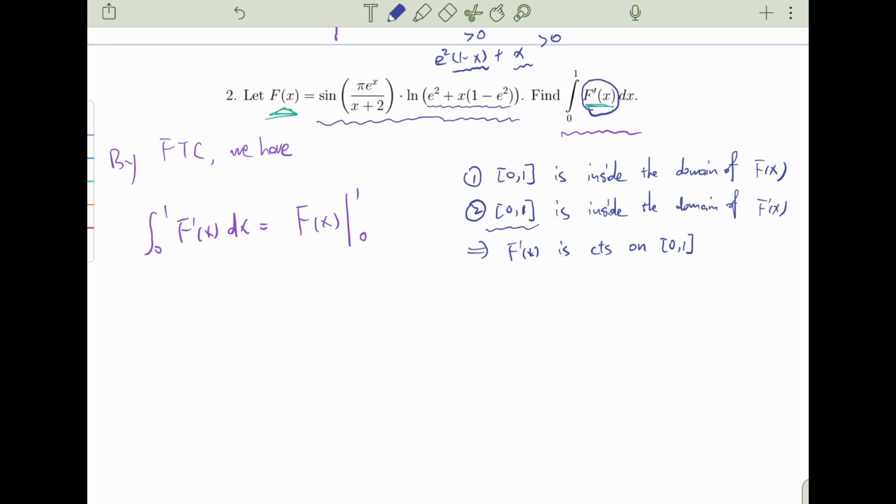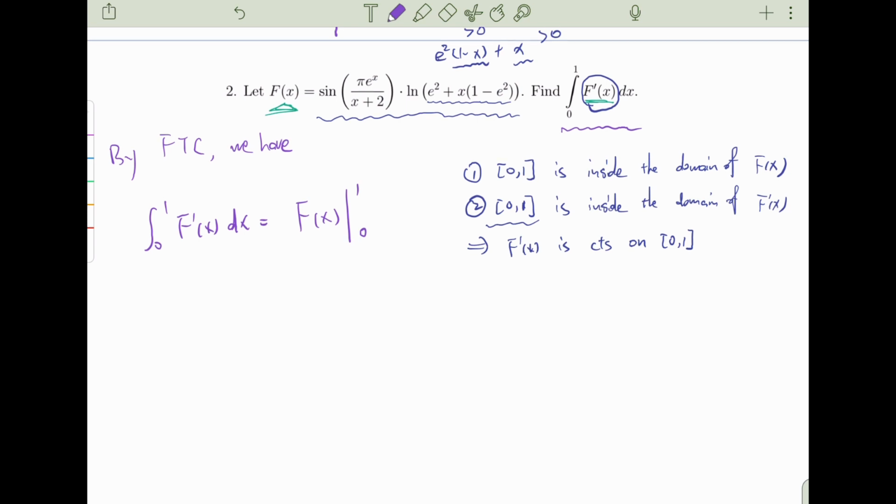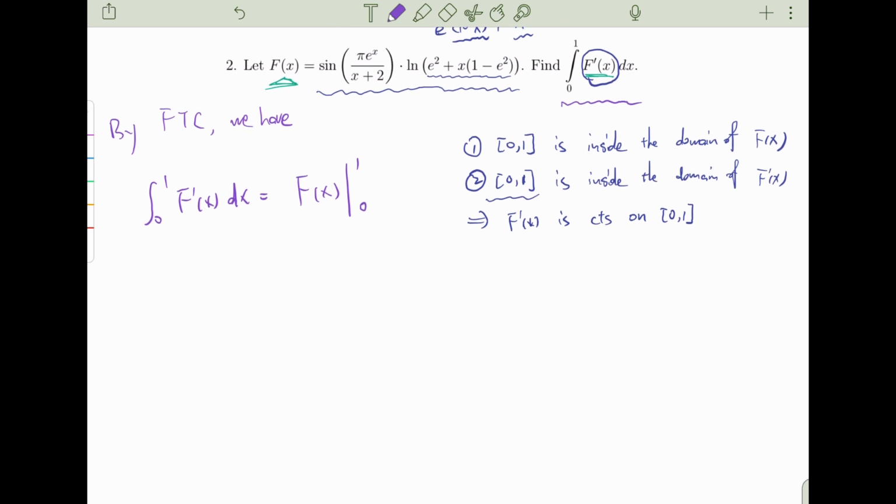So you shouldn't be too concerned about proving that the function f prime of x is continuous on the interval 0, 1. It's okay to just briefly mention this thing to indicate that you have noticed this condition.